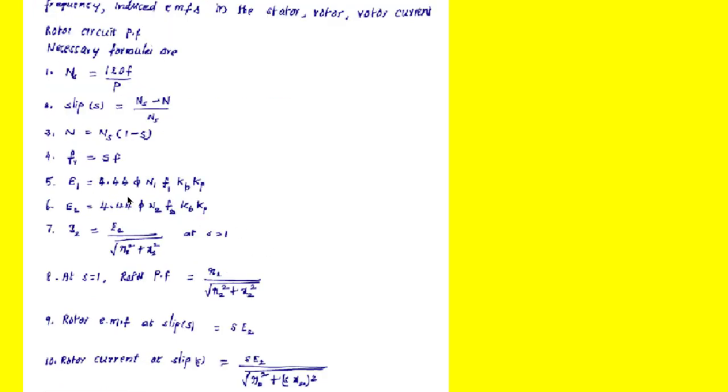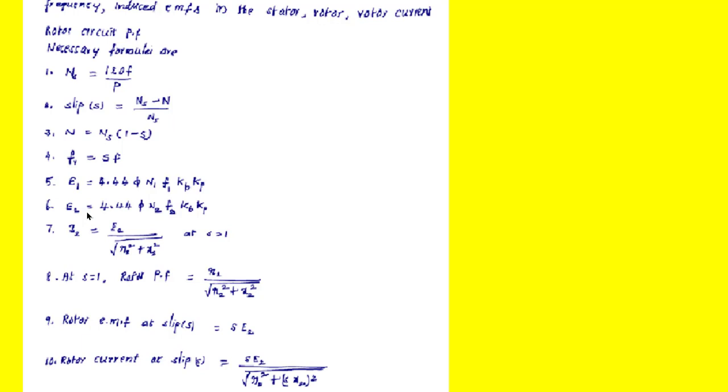We can also write the induced EMF in the stator winding per phase, that is E1 equal to 4.44 N1 F Phi Kb Kp. Here Kb is the breadth factor and Kp is the pitch factor of the winding of the motor, F is the input supply frequency, N1 is the number of turns per phase on the stator, and Phi is the flux produced by the stator winding currents.